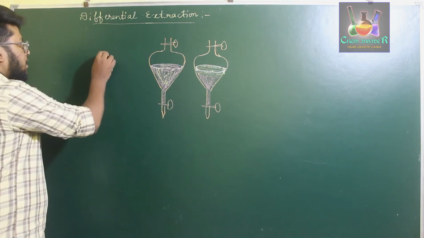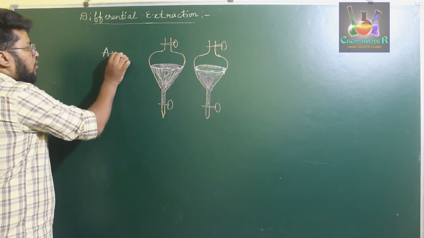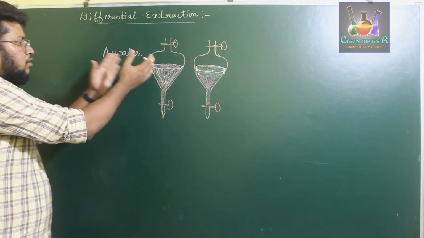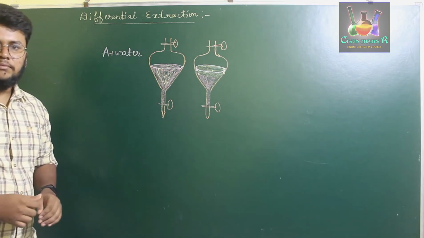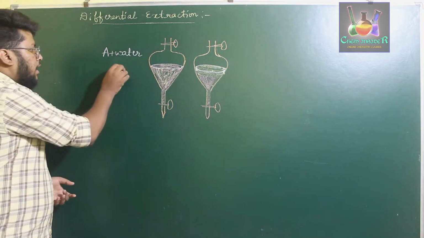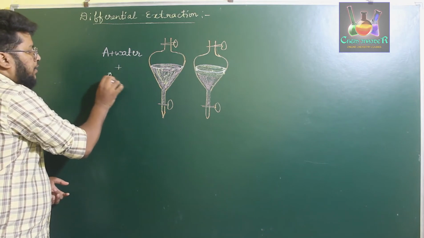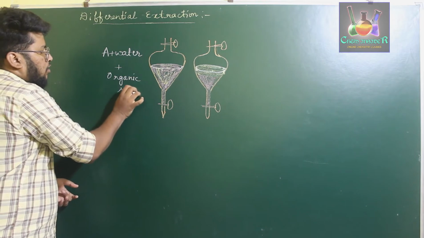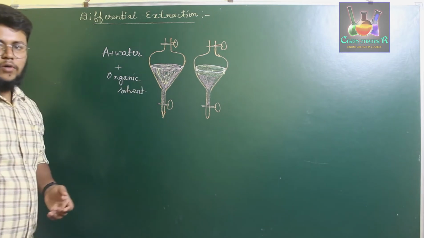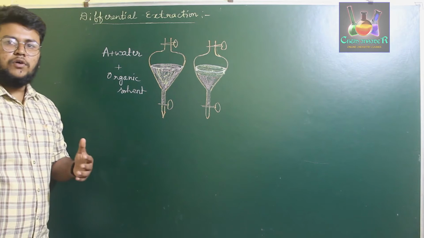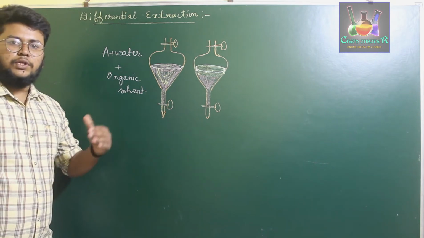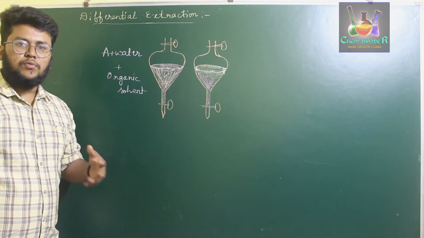Let us say an organic compound A is dissolved in water while we are preparing it, and we have added it to this separating funnel, and later we add our organic solvent to it. Since the organic compound has a greater extent of solubility in the organic solvent, it will start to dissolve in the organic solvent rather than the water.